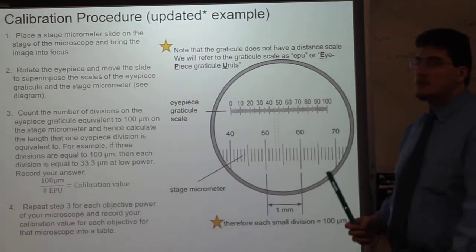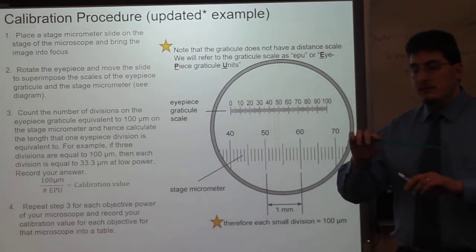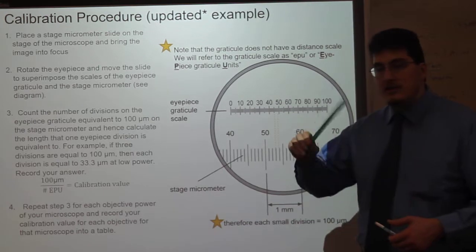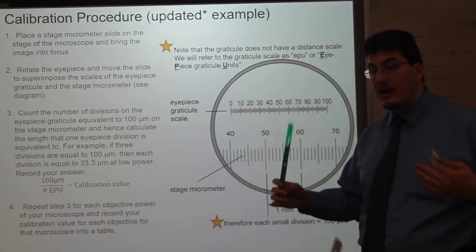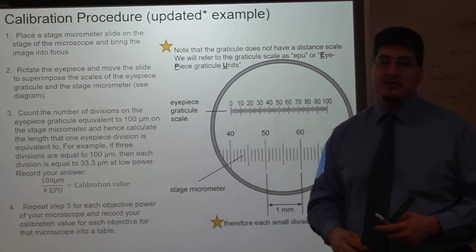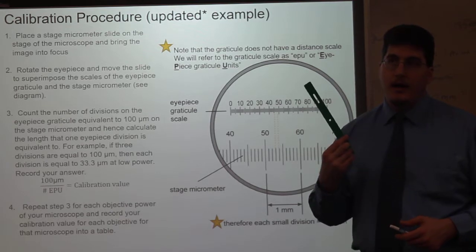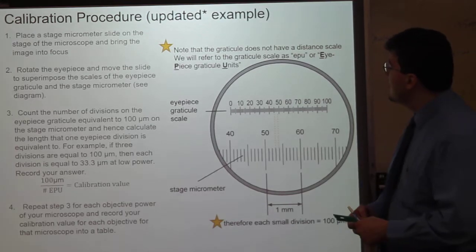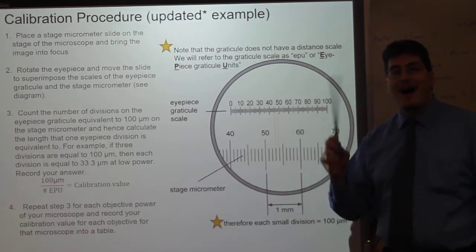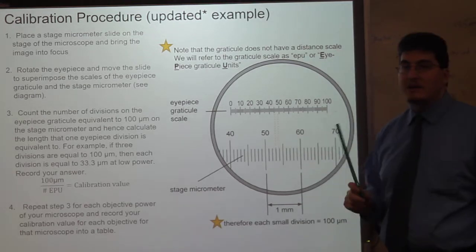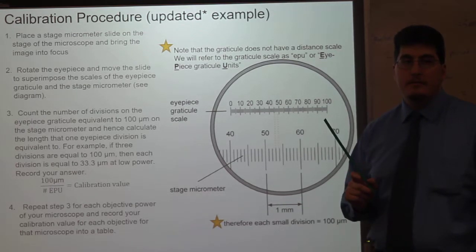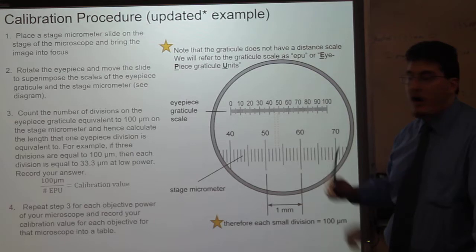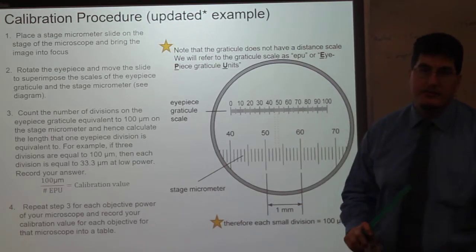Your eyepiece graticule is a film that you place over your eyepiece that has even tick marks on it that can change in number based upon the magnification of your microscope. So if I have calibrated my eyepiece graticule based on the stage micrometer, I can tell how many eyepiece units are equal to how many micrometers of my stage micrometer.